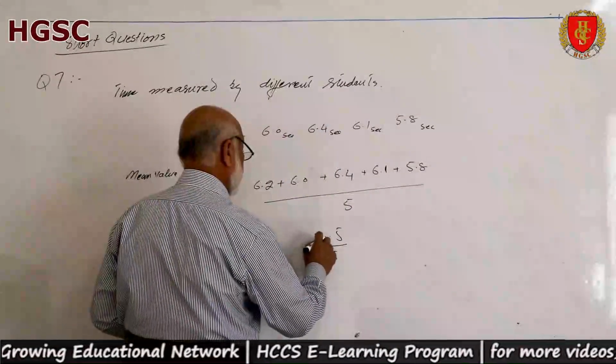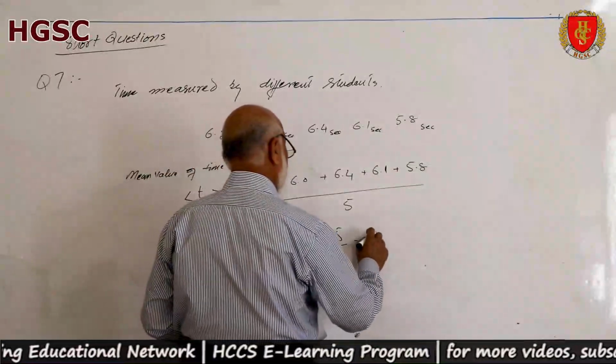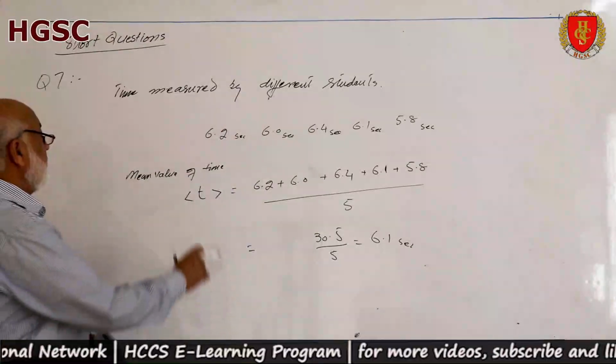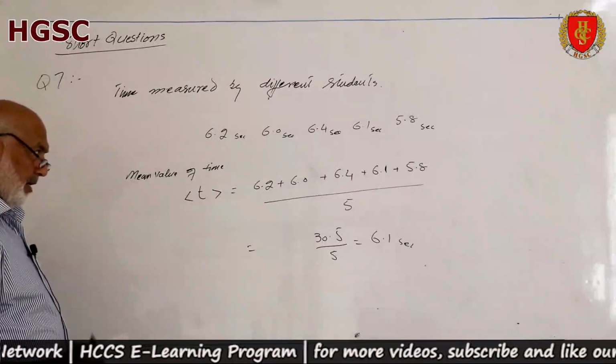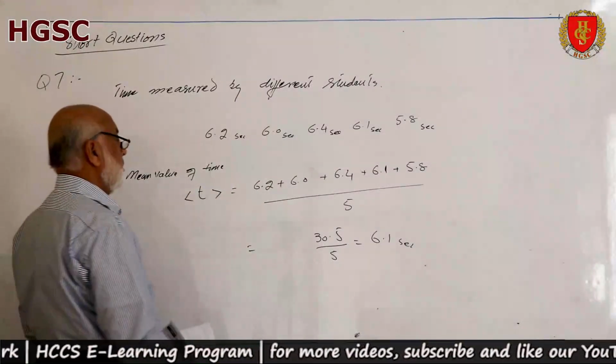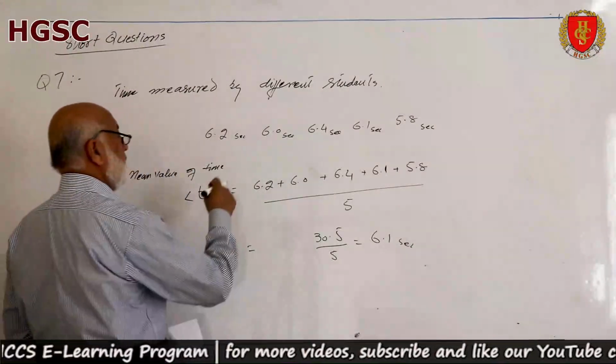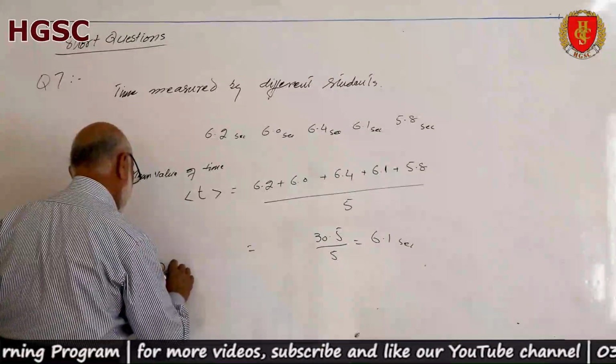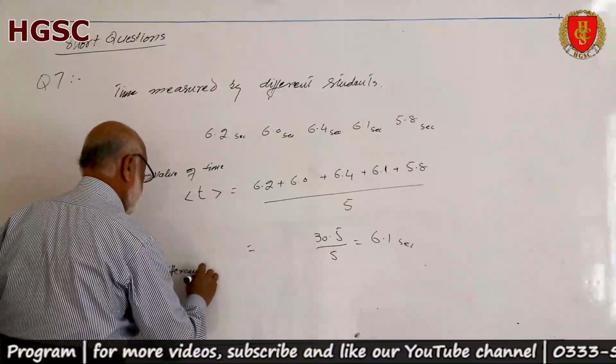This is 30, so the answer is 6.1 seconds. This is the mean time we have calculated. Now the difference of each quantity with the mean value.